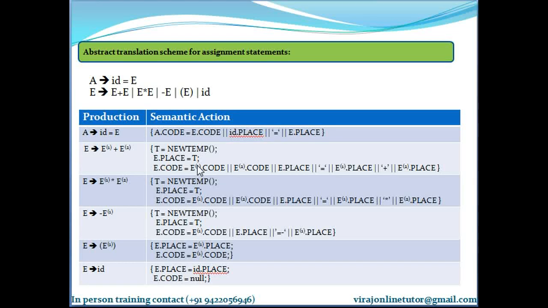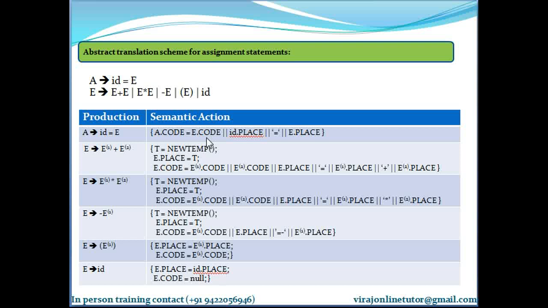So let's start with the abstract translation scheme for the above grammar. What do we mean by this dot code? In the below mentioned table, I'm referring to A dot code and E dot code. What do we mean by that?